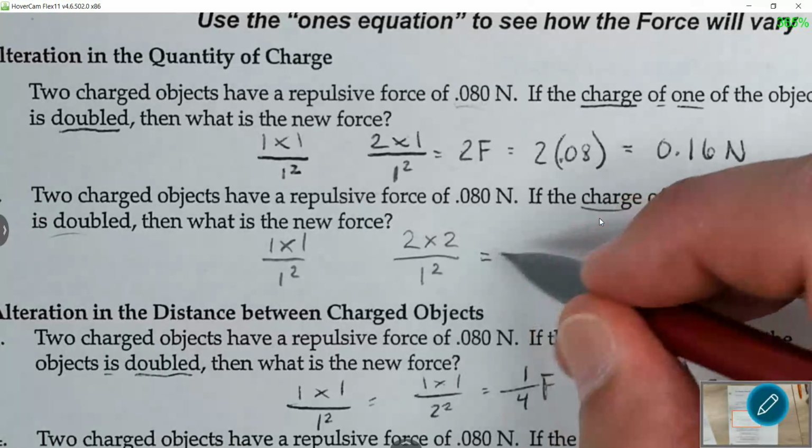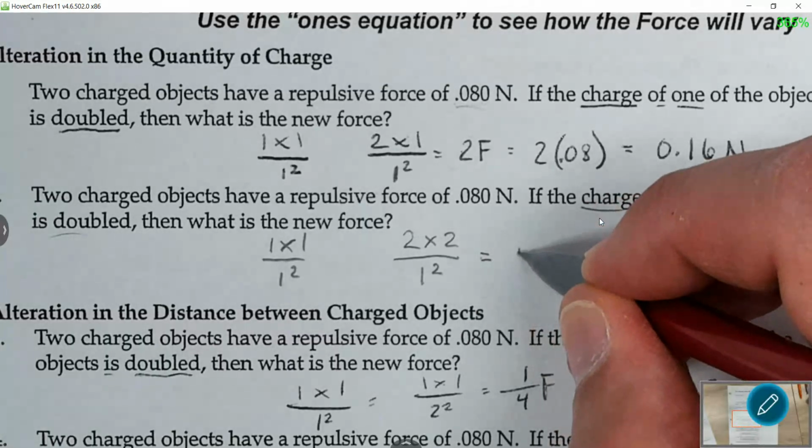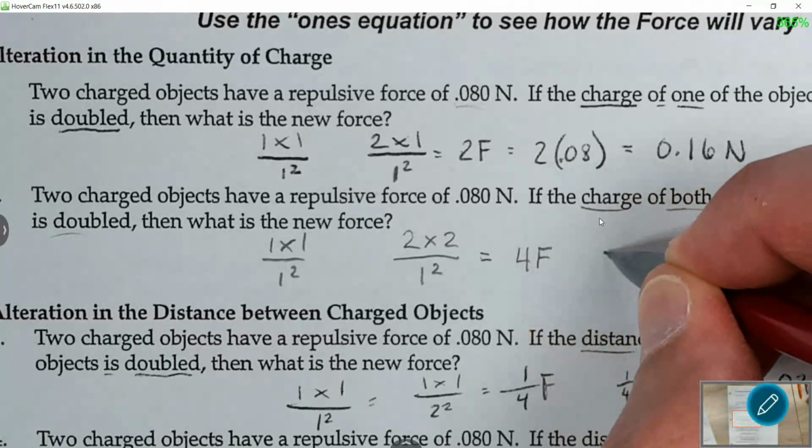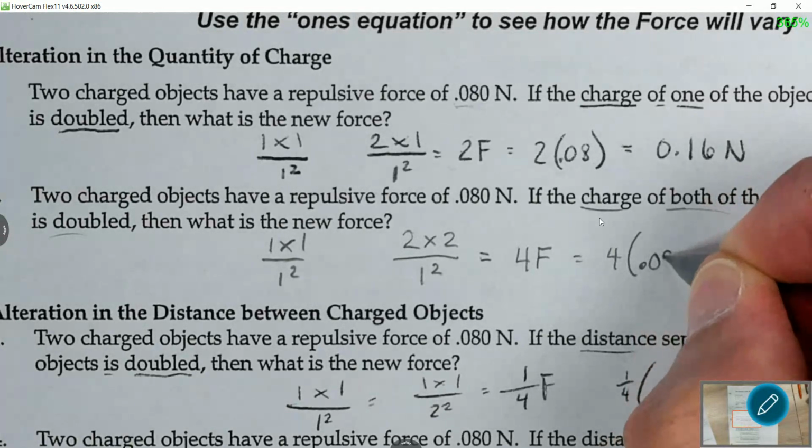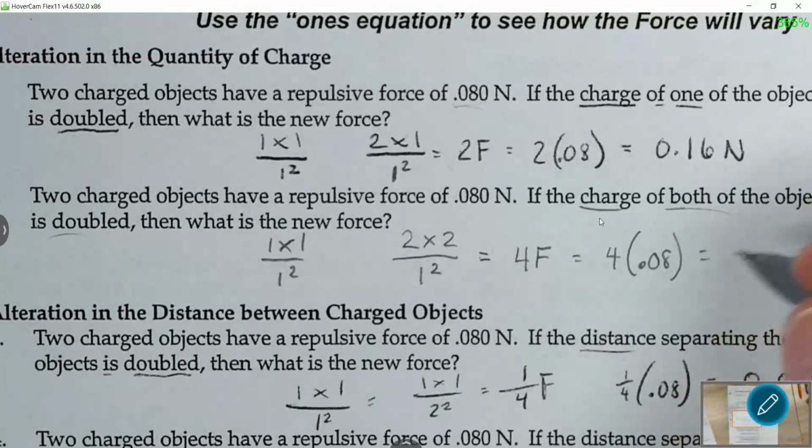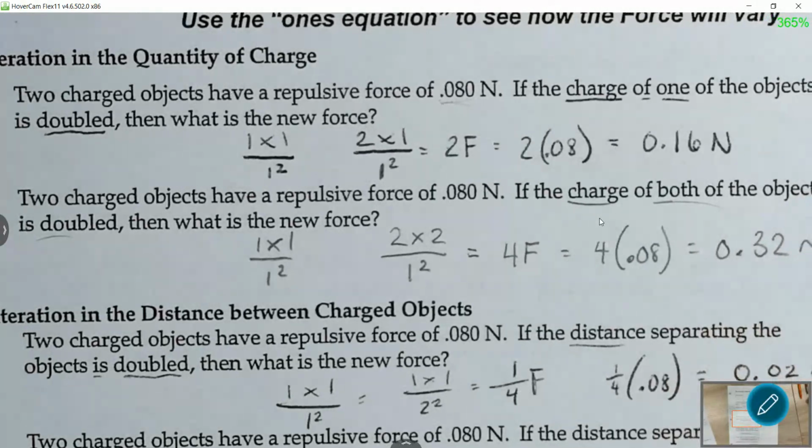And I play this out. 2 times 2 is 4. 4 divided by 1 squared is 4. So it would be 4 times the force. And then we're just going to multiply that by the original value that they gave us. And this comes out to be 0.32 newtons.